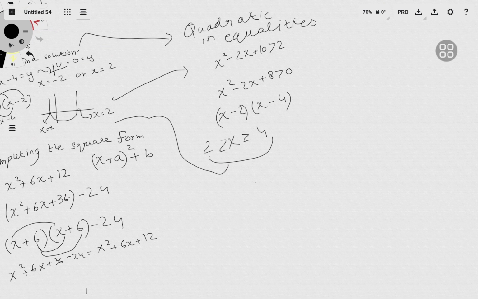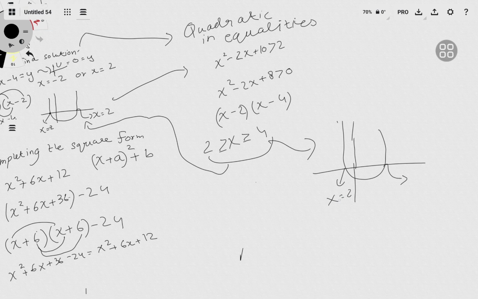If we take it here as quadratic, this will basically be replaced by, let me do it here. So let's say this is x is greater than or equal to 2, or x is less than or equal to 4.